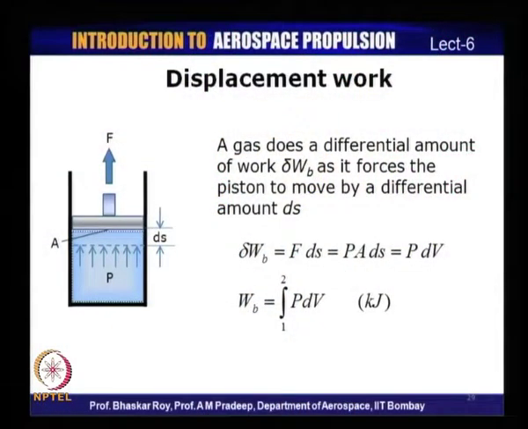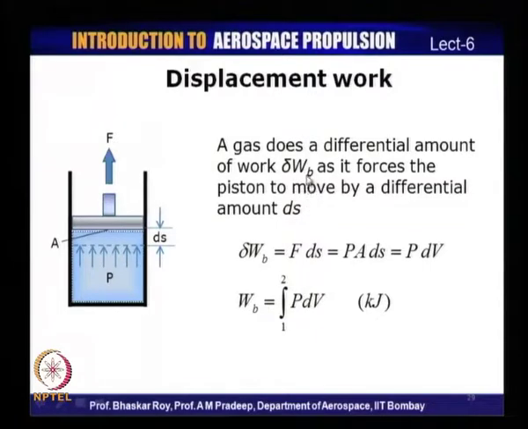In this example I am showing here, we have a piston and cylinder arrangement, and there is a certain amount of gas which is housed within this cylinder volume. If we were to supply heat to this gas, as we know, it would expand, and during expansion the piston moves against the atmospheric pressure, and therefore, it exerts a certain force, and therefore, this gas does a differential amount of work, which is delta W_b, where subscript b denotes boundary work.